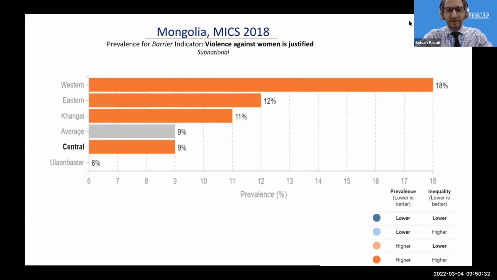When we have a closer look, we see that over 10% of women in 3 provinces, Western, Eastern, and Khangai specifically, consider violence against women as justified for one of the following reasons: if she goes out without telling him, if she neglects the children, if she argues with him, being the partner, if she refuses sex with him, if she burns the food. So there are 5 reasons for which violence might be justified. The average for the entire country is 9%. That is 9% of women aged 15 to 49 considering violence against women justified for any one of those reasons.